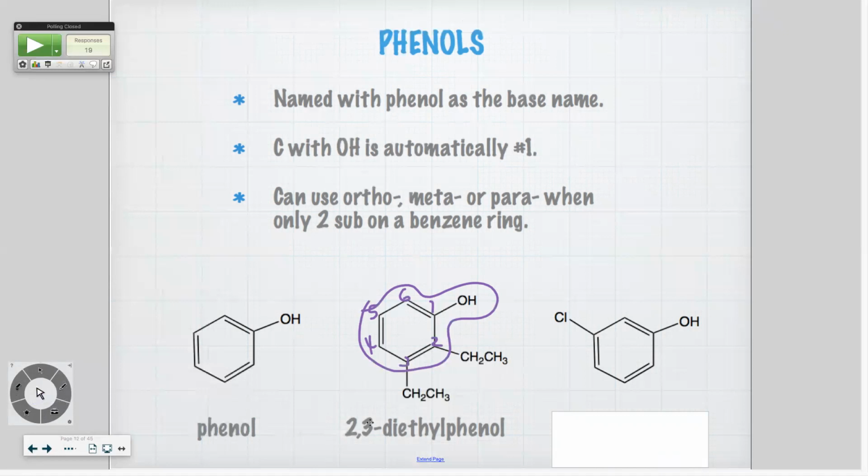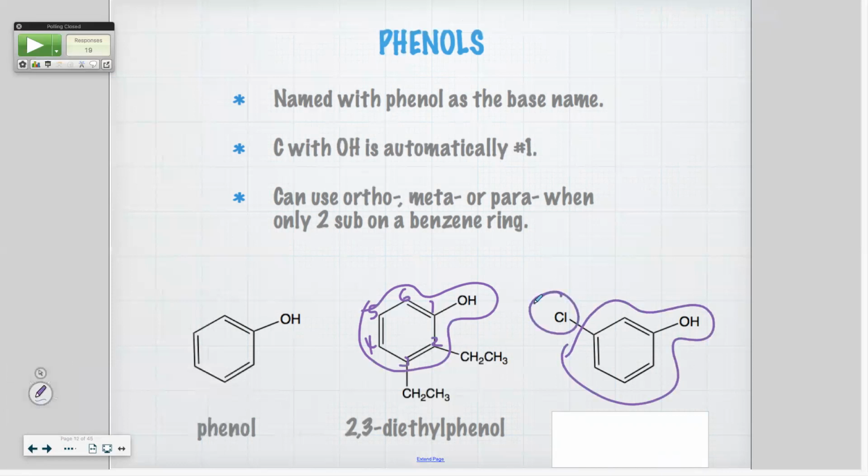And again, we're not going to put the 1 in. Now you see the next compound over there on the right? Circle the phenol in it. Find it. It's right here. There's your phenol. And then what do we have on here?